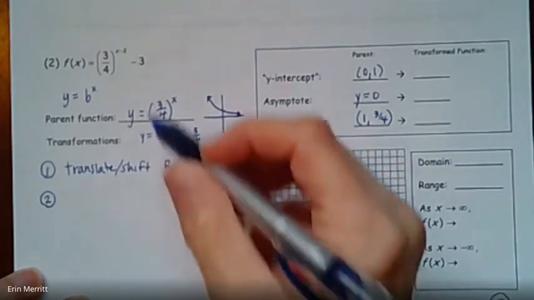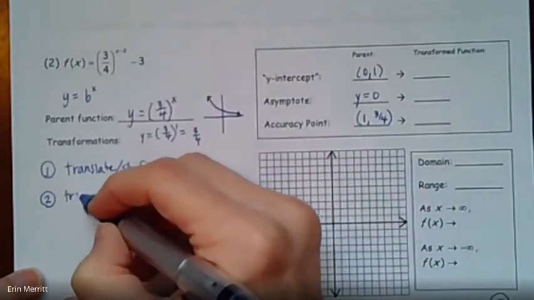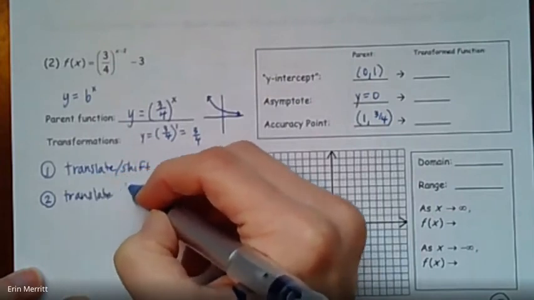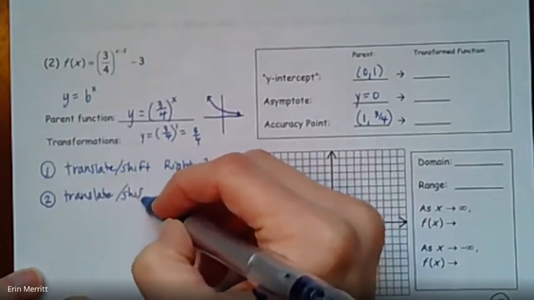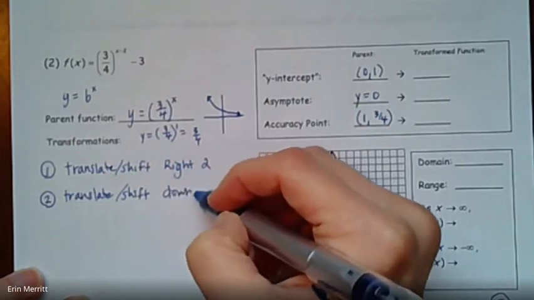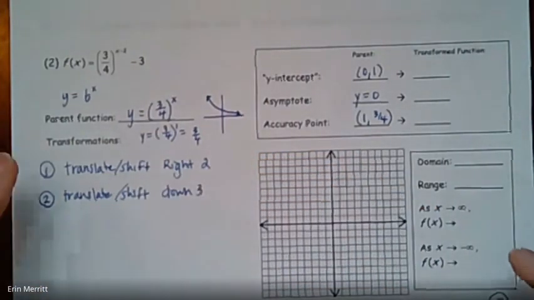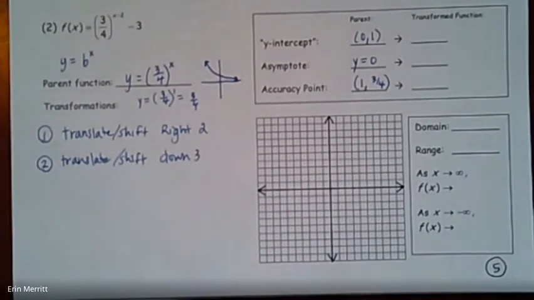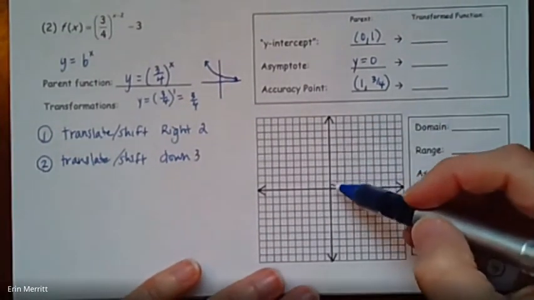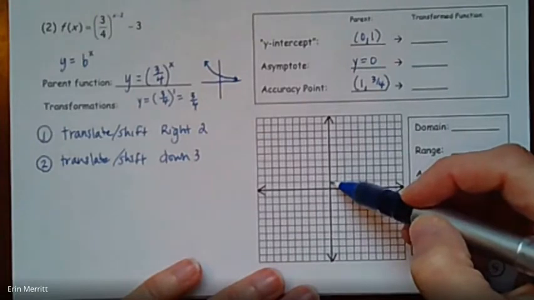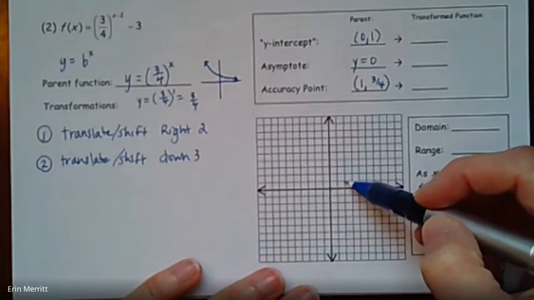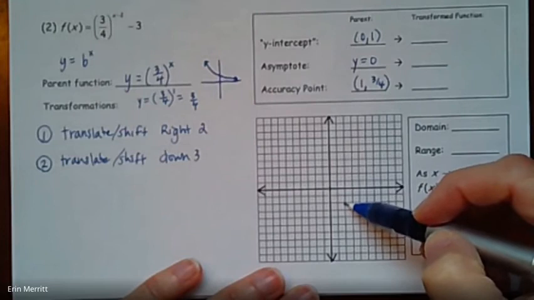The -3 on the end means that we translate or shift, you can say it either way, down 3 units. So let's take each of those points again and walk through those transformations. So starting at (0, 1), so right here on my graph, I'm going to go to the right 2 and down 1, 2, 3. That's now the point (2, -2).